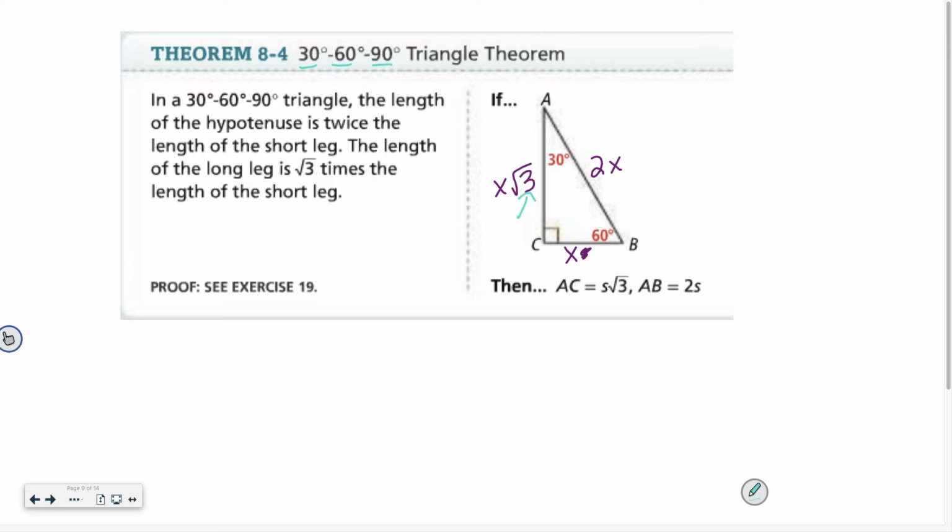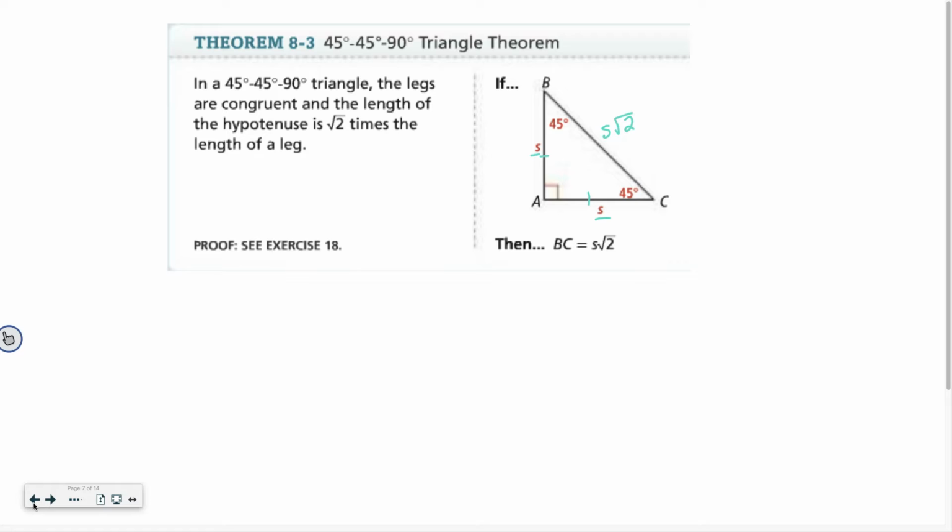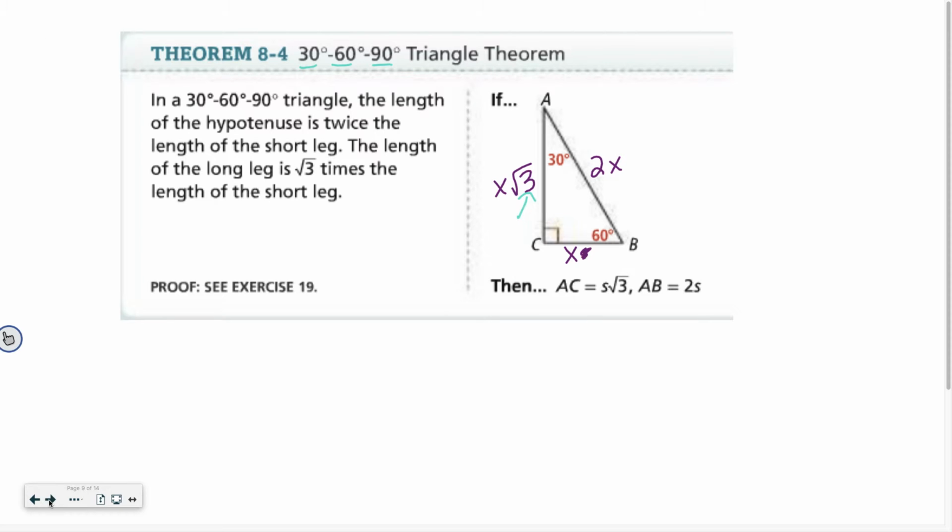Therefore, we have a square root of 3. Over here, you see how we only had 2 different angle measures, because 45 repeats. That's how we know it's a square root of 2. Okay, so 45, 45, 90 has a square root of 2. 30, 60, 90 has a square root of 3. So make sure you write that down or take a screenshot because this is super important.